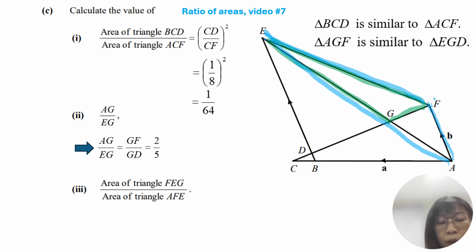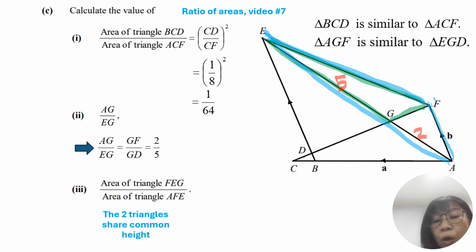What is the ratio between these two triangles? You look at the base. AG is 2 units, and EG, earlier on, we know is already 5 units. The relationship between these two triangles is that they actually have a common height, which you can easily draw out over here.